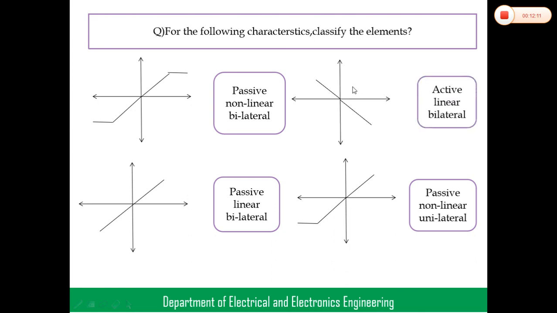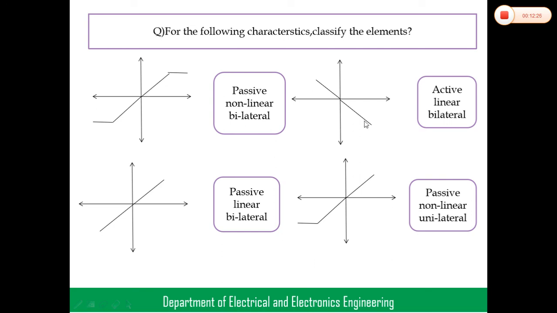And lastly, here I mentioned the characteristics are in the second quadrant and fourth quadrant, right? So are the characteristics active or passive? Active. Blindly we can say that it is active, right? Linear or non-linear?